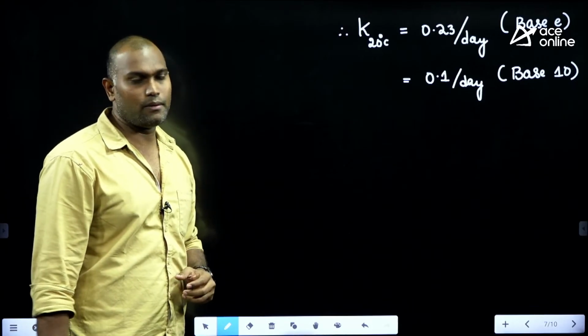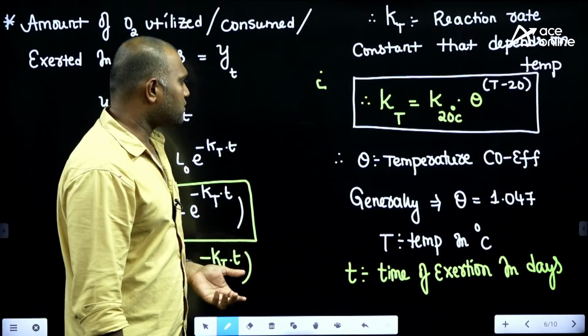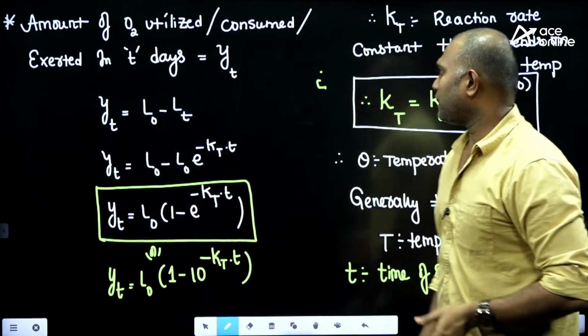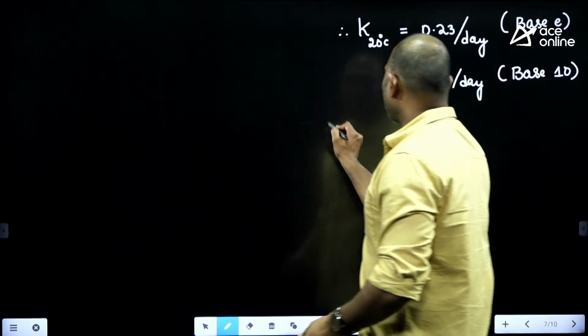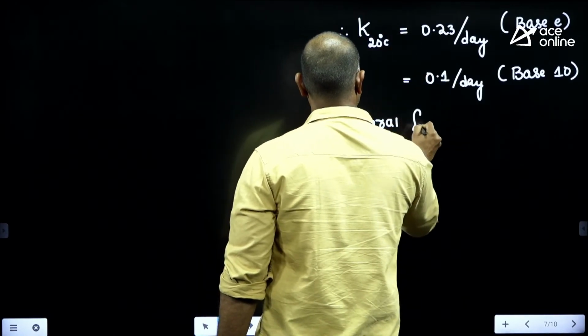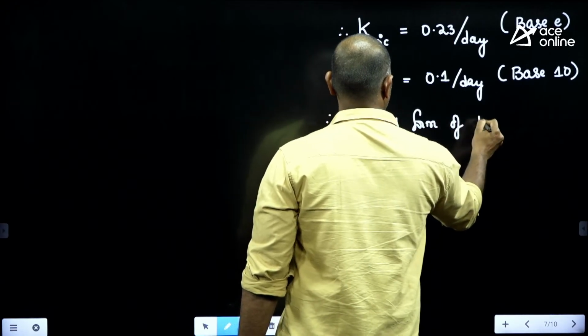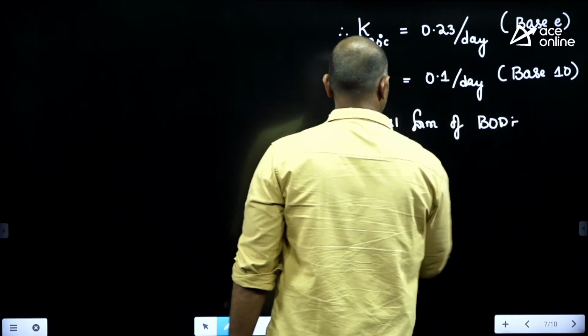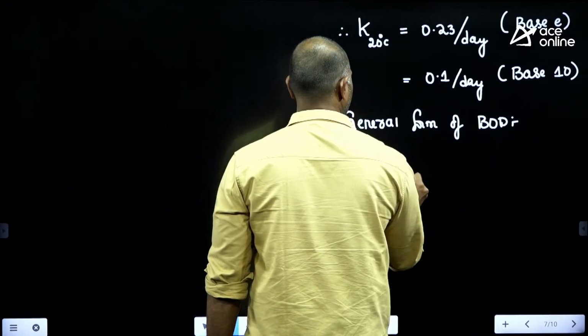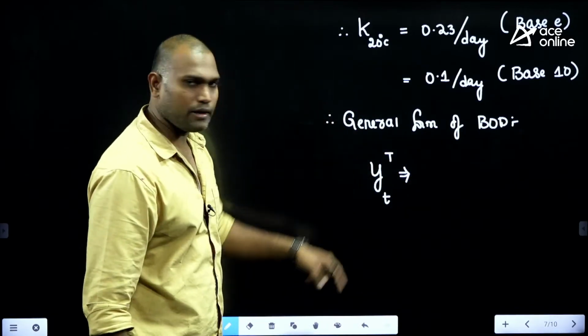degrees centigrade. With this, we got to know how much amount of BOD is utilized in a given time. Now the general form of BOD is Y at T to the power of T. What is the meaning of this?